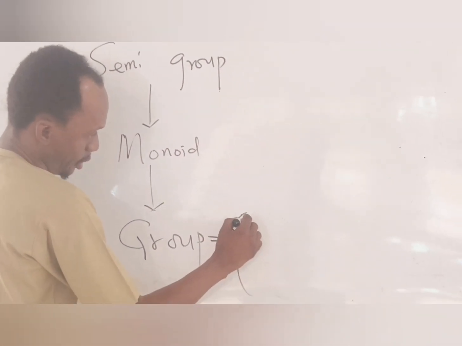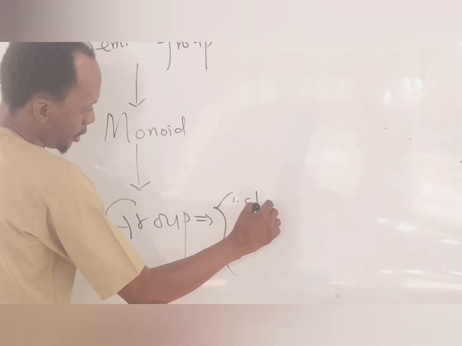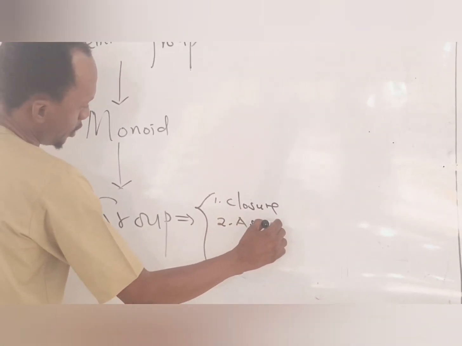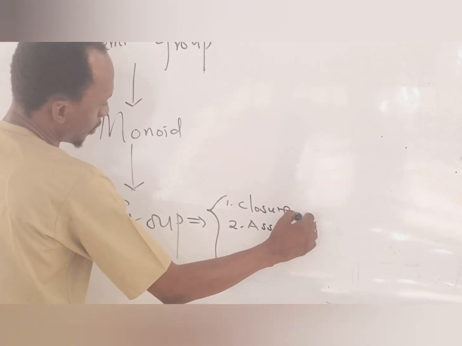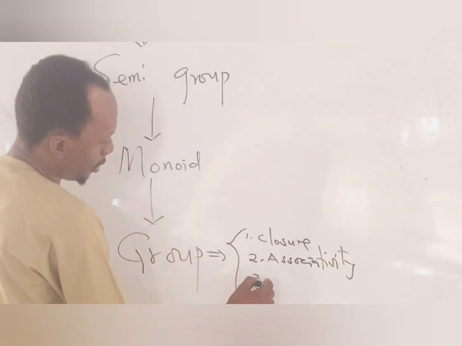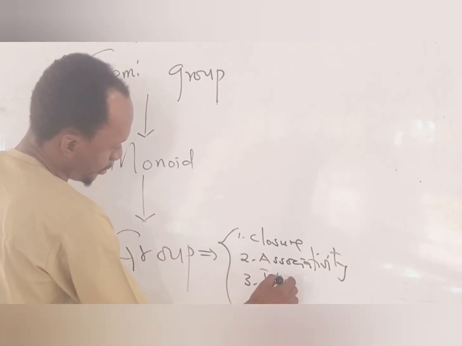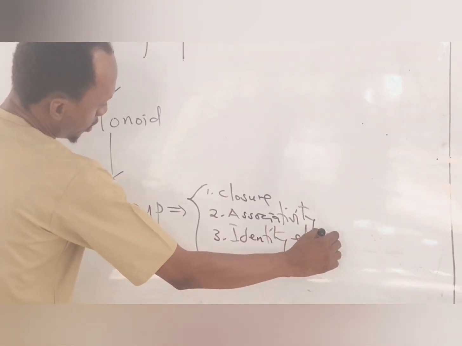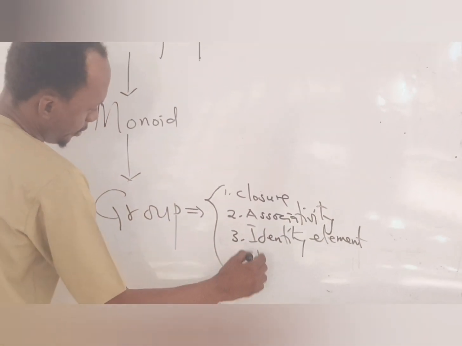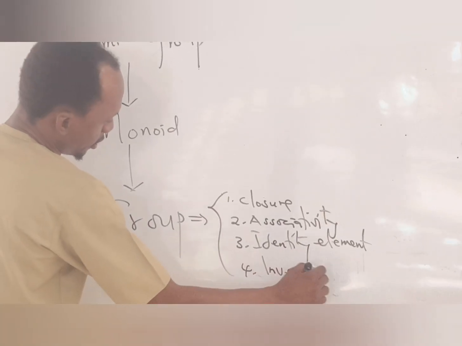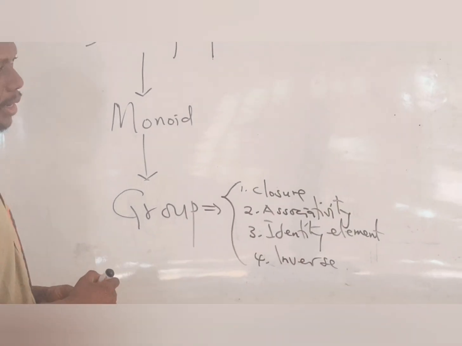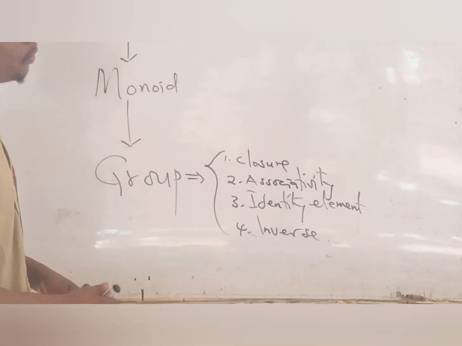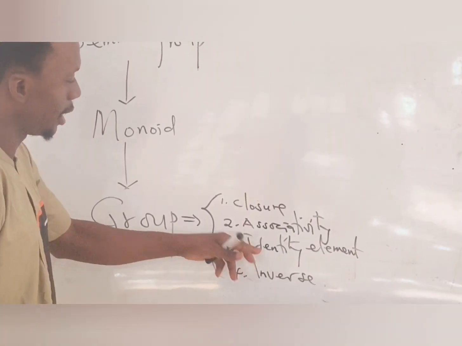We listed the properties of a group as closure, is that not it? Associativity. Identity. Inverse. Okay, so every element has an inverse, and the binary operation for that given set has an identity element.